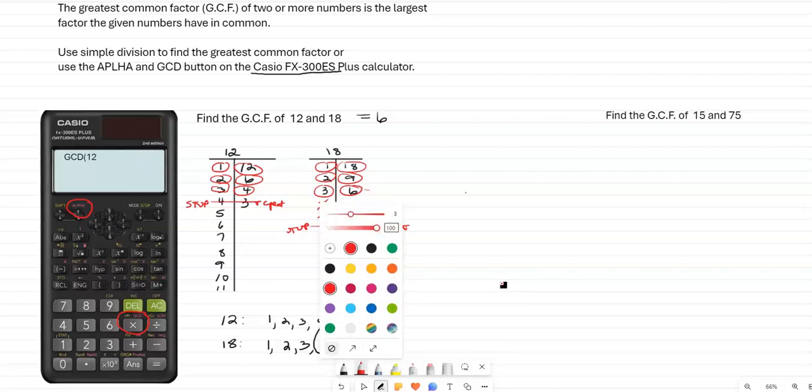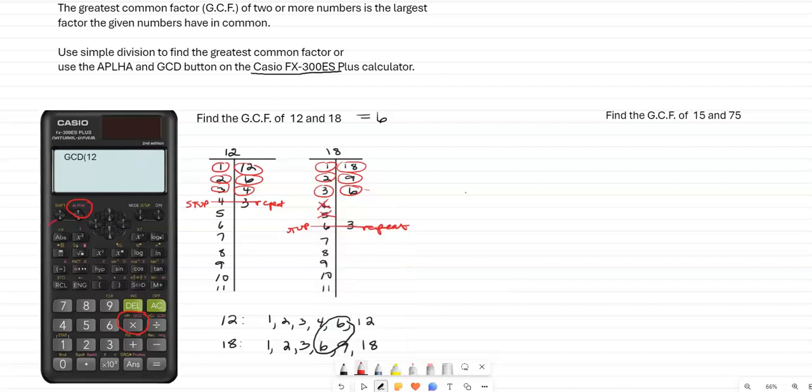You'll have to press the Shift key and then press the close parentheses button. And as you can see, right above the close parentheses button, highlighted in yellow, is a comma. And in your calculator window, you'll see the comma appear. And the next thing you'll type in is the number 18. And then simply press the equal button after that.